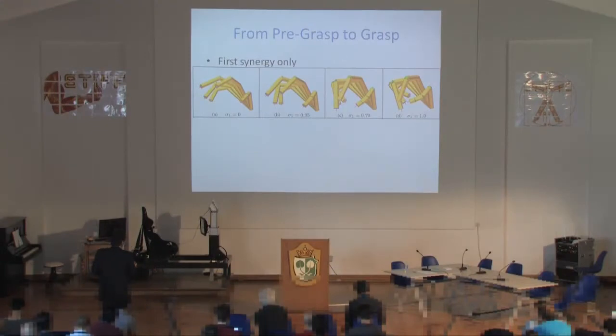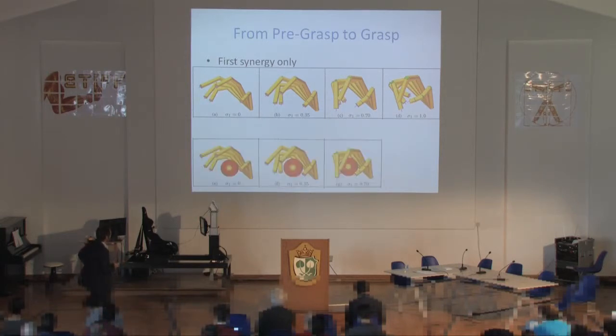So this is the first synergy, just to show what problems we are facing. This is the hand that closes with the first synergy. So assume you have a hand that only has one synergy, and assume that you want to grab this object. So what will happen? At some point here, you will get in contact with the object in this point and this point, maybe.